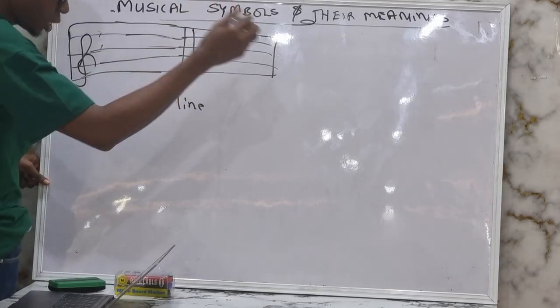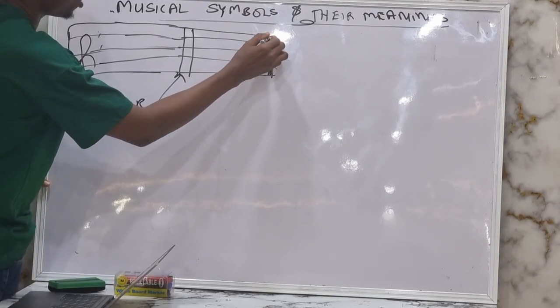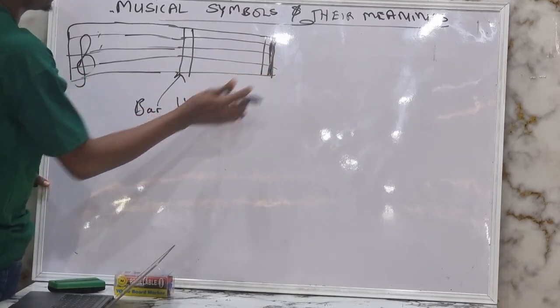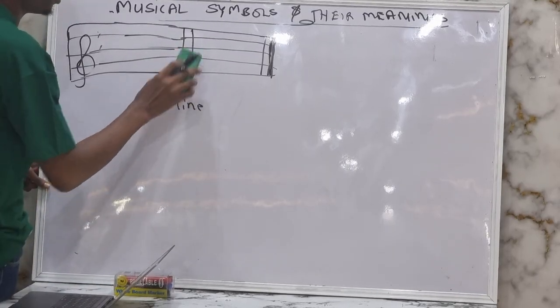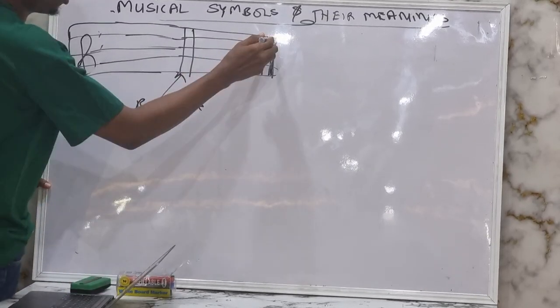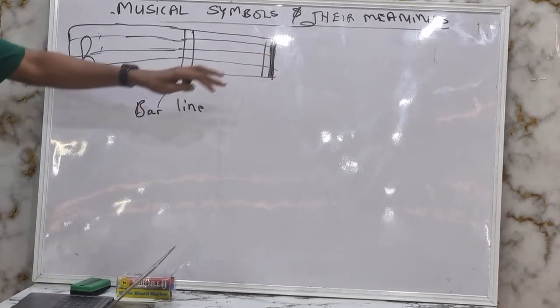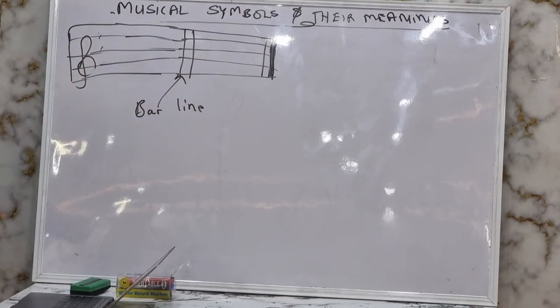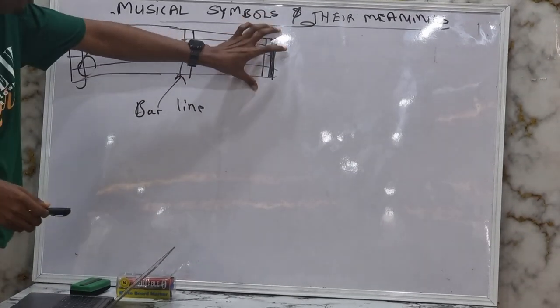And then the last one, you usually see the shaded line like this. Some you might see it like this, and others you might see it differently, but it's exactly like this, shaded. It's going to tell you that this is the end of the musical piece. That's the end of the composition.